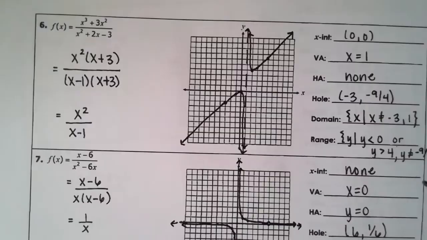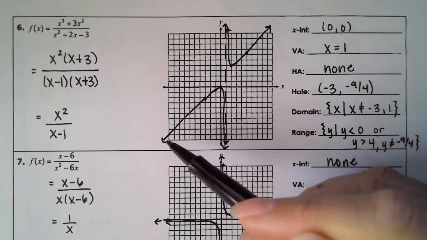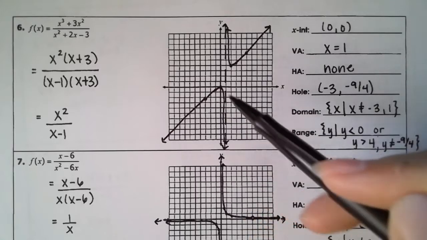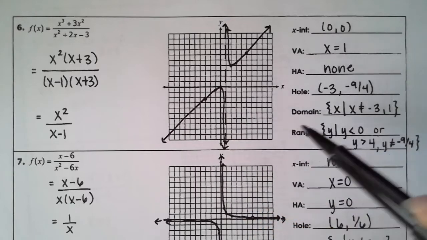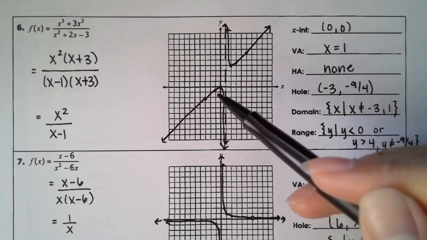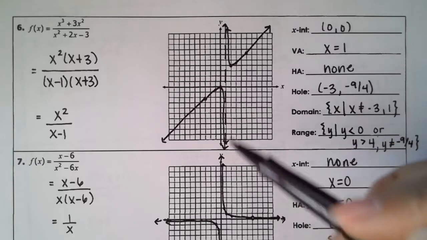Now for my range, assuming you already have your graph, notice that for this bottom semi-parabola looking thing, I have all y's such that y is less than 0. That would be this graph here, because it stops here, it goes from here to the bottom.